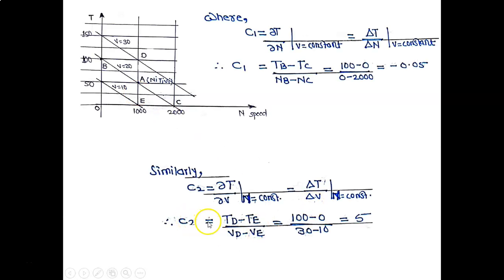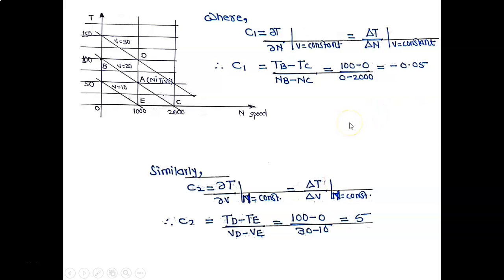C2 is equal to TD minus TE divided by VD minus VE. TD is equal to 100, TE is equal to 0. VD is equal to 30, the line passing through point D, that is V equal to 30. VE is equal to 10. Therefore, C2 is equal to 100 minus 0 divided by 30 minus 10, which is equal to 5.